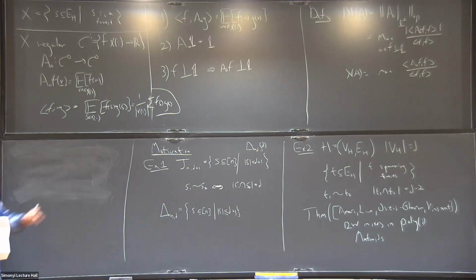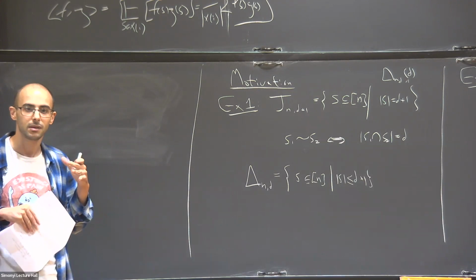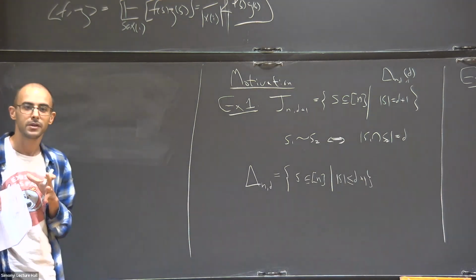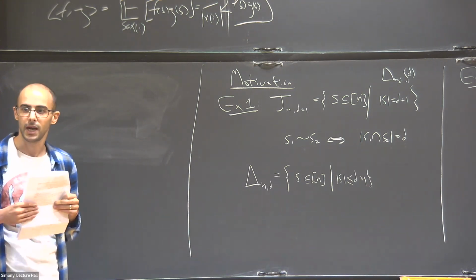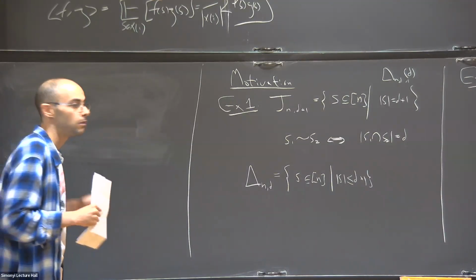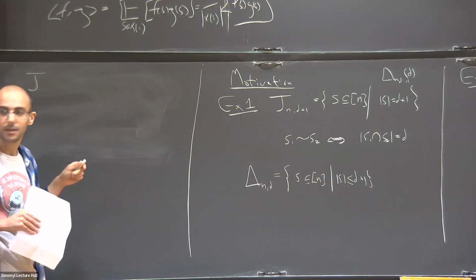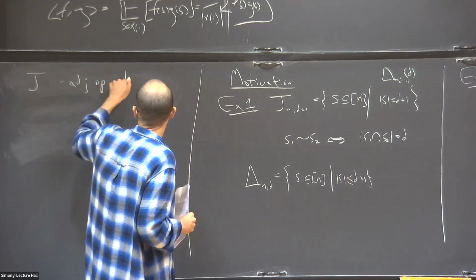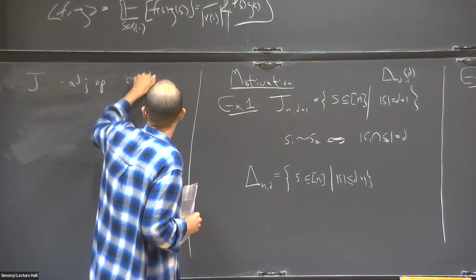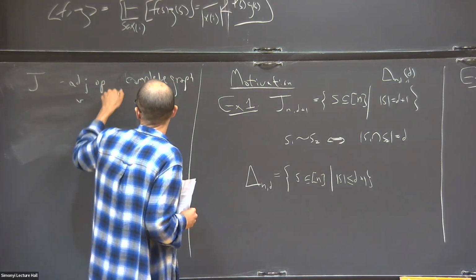I'd like to say something that maybe you haven't seen about this definition, which is that actually this measures the operator norm distance between A and the adjacency operator of the graph where every two nodes are connected by an edge, and you also have self-loops. So let's call it J, if you look at J as the adjacency operator of what I'll call the complete graph, but with self-loops.